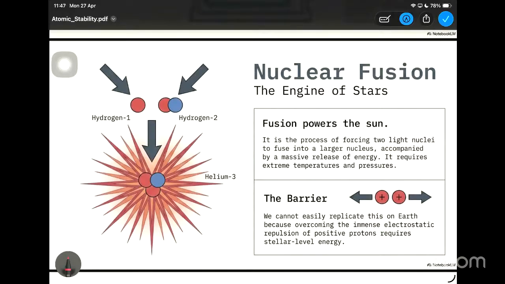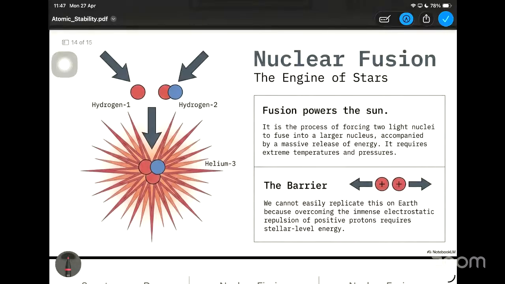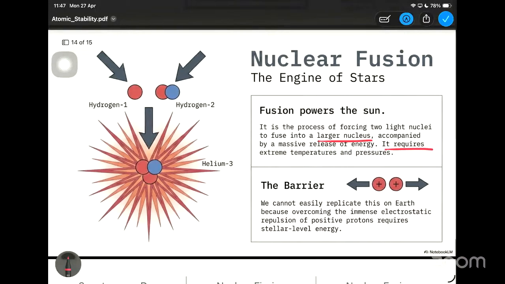Fusion powers the sun. It is the process of forcing two light nuclei to fuse into a larger nucleus, accompanied by a massive release of energy. The energy released by fusion is larger than the energy released by fission, so remember that point. It requires extreme temperatures and pressures.